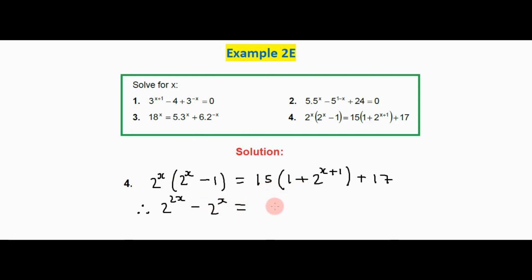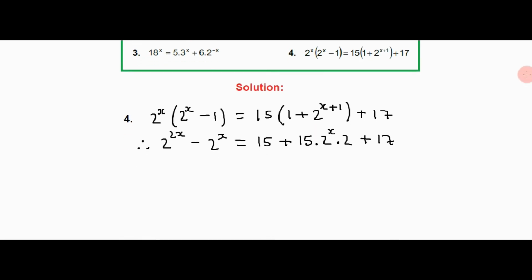On the right-hand side, multiplying out, we have 15 plus 15 times, and we're going to split up the 2 to the x plus 1 into 2 to the x times 2. We can add like terms on the right hand side. So 15 plus 17 is 32. We can also multiply the 15 by the 2 here.